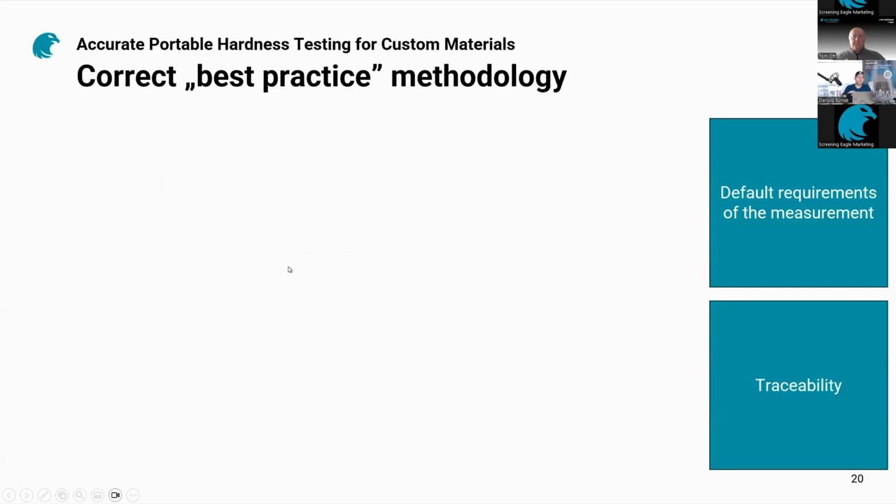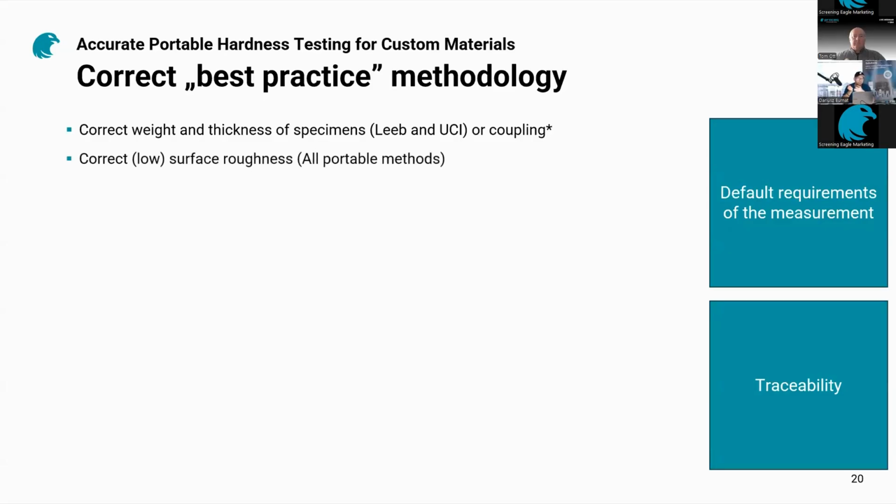So, what would be the correct and best practice methodology to apply the conversion curves? First, if we use LEAP and UCI, once more, we need to be sure that the test specimens we have are appropriate for the test method. The second one would be low surface roughness, and this applies to all portable methods, also portable Rockwell.